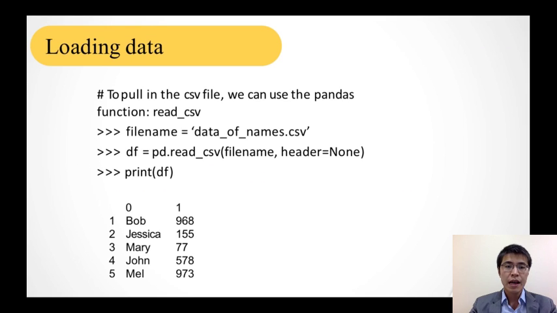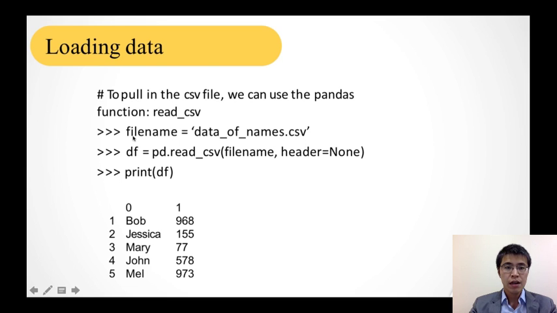And more importantly, how can we import data from a file? We can use the read CSV function to get the data from a file. To do that, first we need to specify what file to read for this data frame.